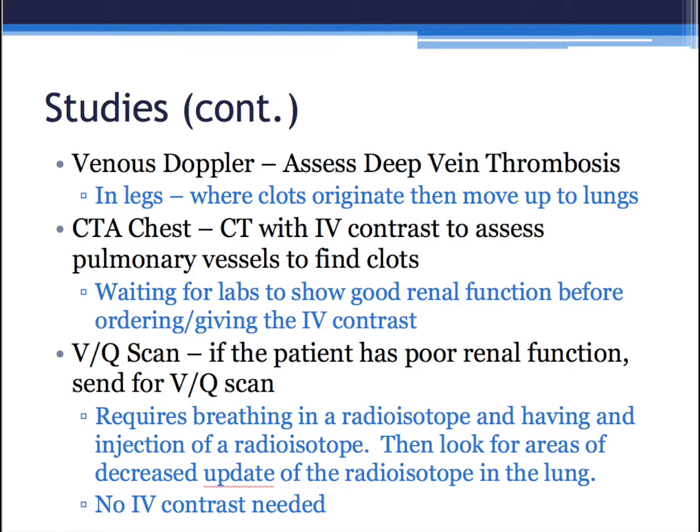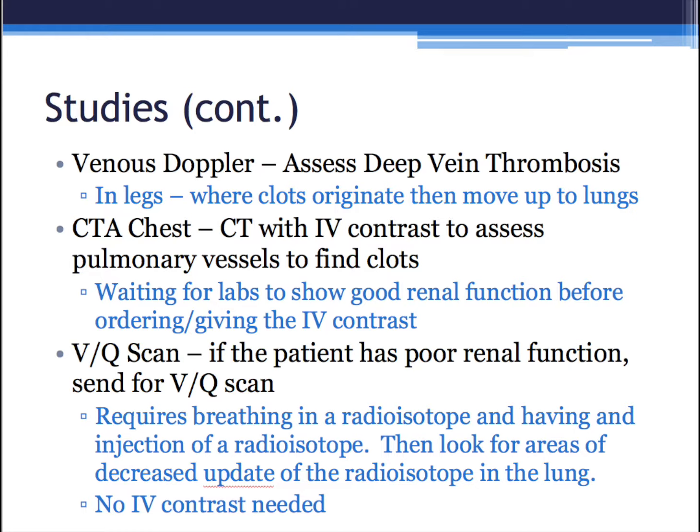It's essentially a ventilation and perfusion scan. Not sure where the Q comes in, but basically it's showing how the patient breathes when they breathe in a radioisotope, and then they have perfusion, or bloodstream injection, of a radioisotope. And then there's an actual scan that we look at the lungs and we see if there's any defect as far as the uptake of that radioisotope in the lung.